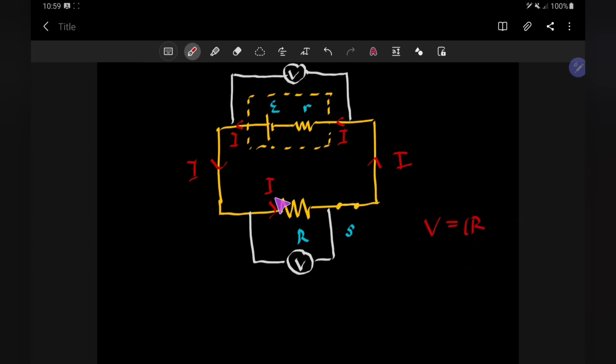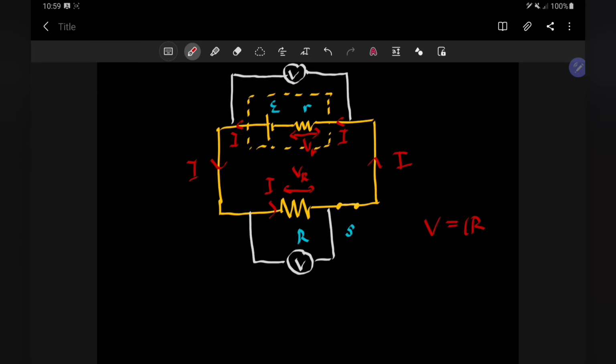In this case, the current passes through the resistor, so there must be a potential drop across the resistor, which is V equals IR. Also for the internal resistance, the current passes through the battery, so it passes through the internal resistance, so there must be a potential drop. That is V small r, and here V capital R, the potential drops across the internal resistor and the external resistor.